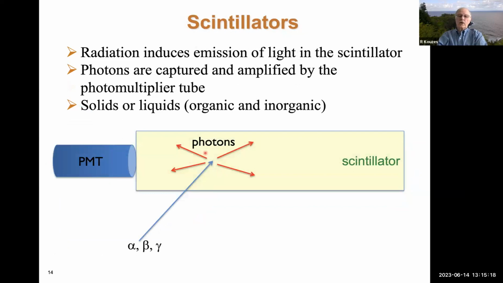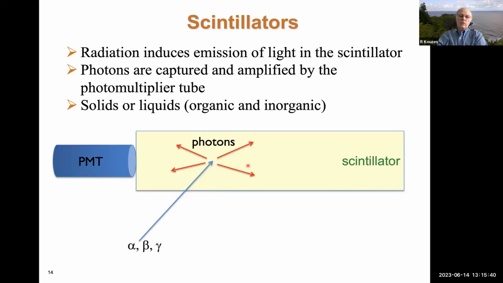Now, the second type of detectors that we will refer to are scintillators. These can typically be liquids or solids, although gases can also be used as scintillators. In this case, a particle like an alpha, beta, or gamma comes in, interacts with the scintillator, and generates ions and electrons.